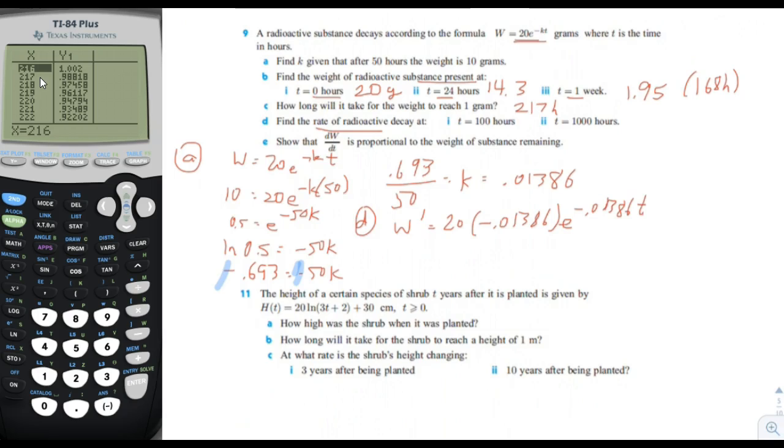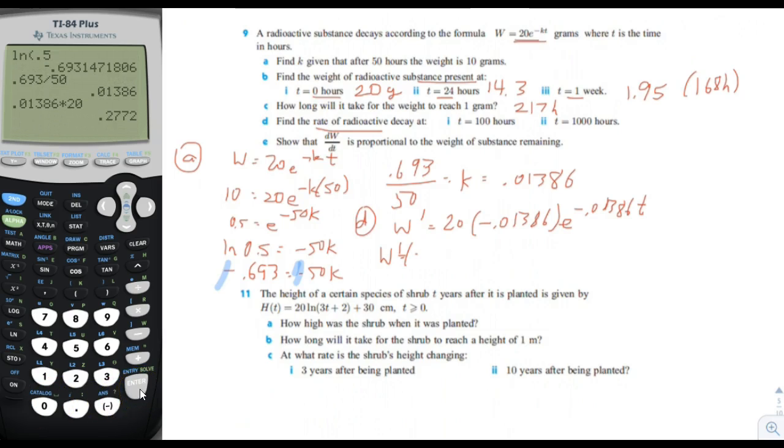Okay, and let's see. It says find the rate of decay at 100 or in 1,000 hours. So the rate of decay at 100 hours would be, and I'm going to multiply 0.01386 times 20.